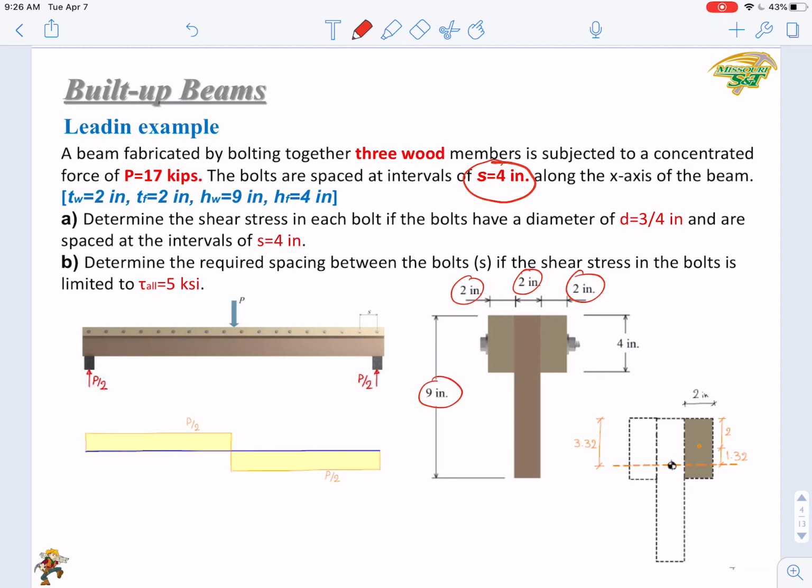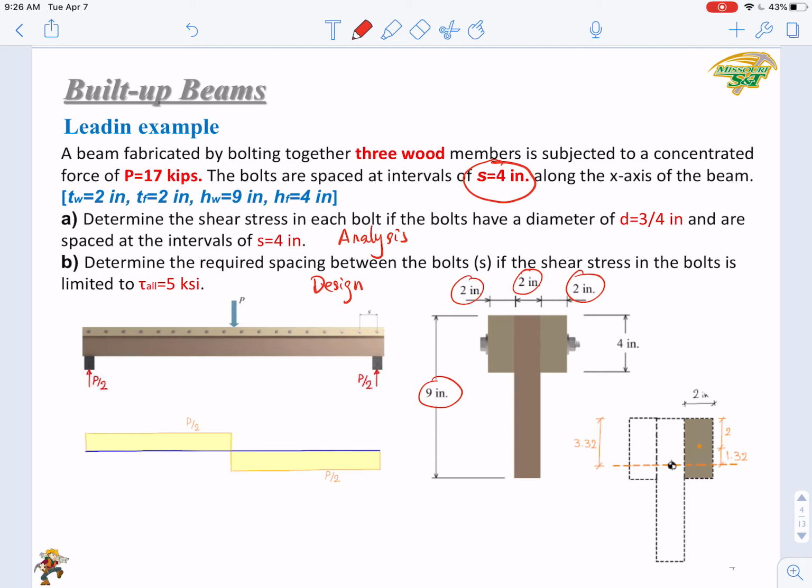So obviously there are 2 types of questions. Question A is an analysis question: you're calculating, analyzing the stress in the bolts. And part B is a design problem.